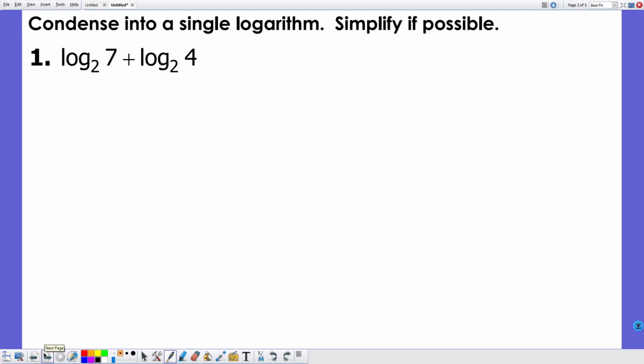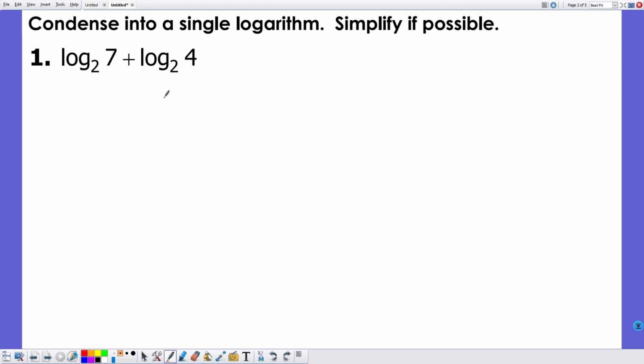Condense into a single logarithm, simplify if possible, and we have log base 2 of 7 plus log base 2 of 4. You gotta make sure the bases are the same. In this case, they are. So let's just simplify.